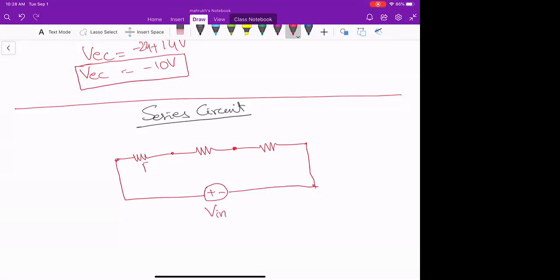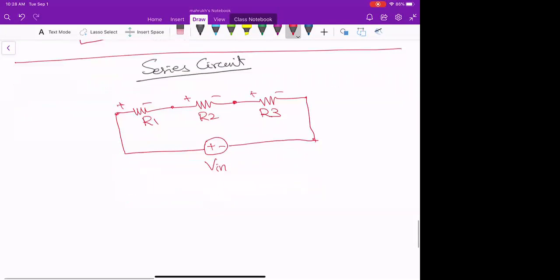This is Vin, this is R1, R2, R3, plus, minus, plus, minus, plus, minus, okay? So these components are connected in series. Do you understand the series concept? Series means that they are connected to each other in series, and parallel means that they are connected to each other in parallel, like they are going in parallel to each other, okay?